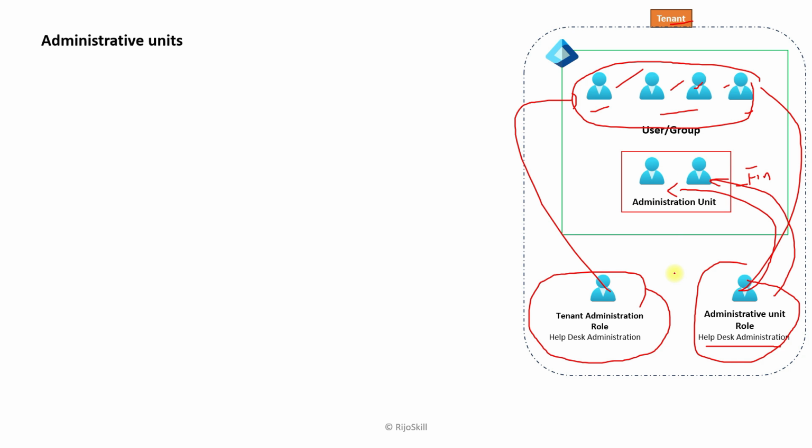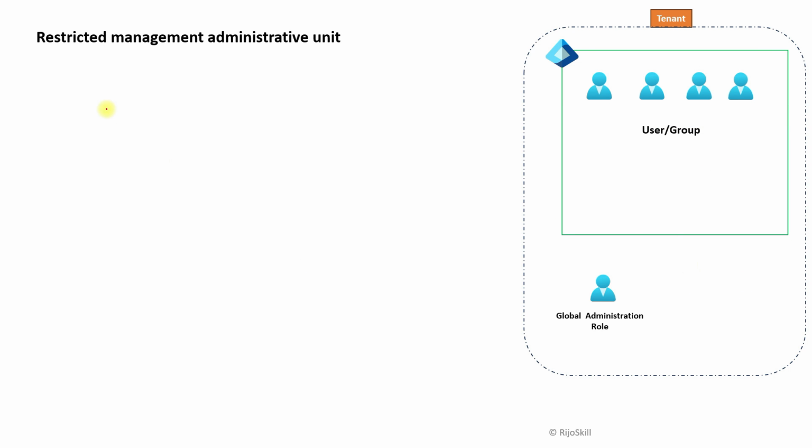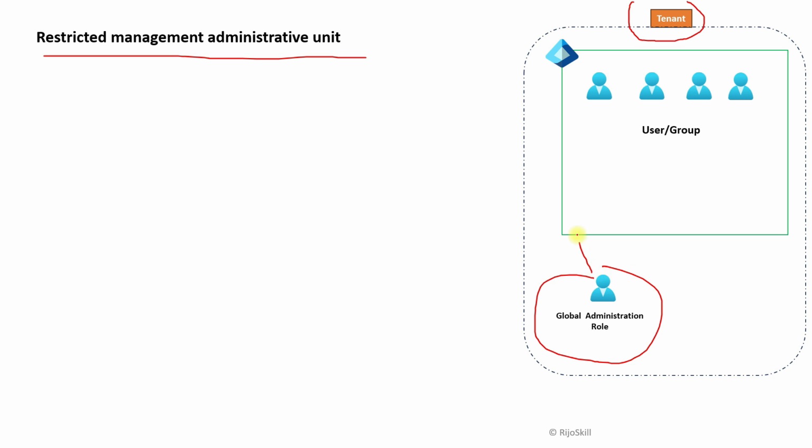We will go on to discuss the next topic, the restricted management administrative unit. So what is the restricted management administrative unit? Same concept as before, you have the user and group. Normally a Help Desk Administrator or Global Administrator can reset the password for your administrative unit.